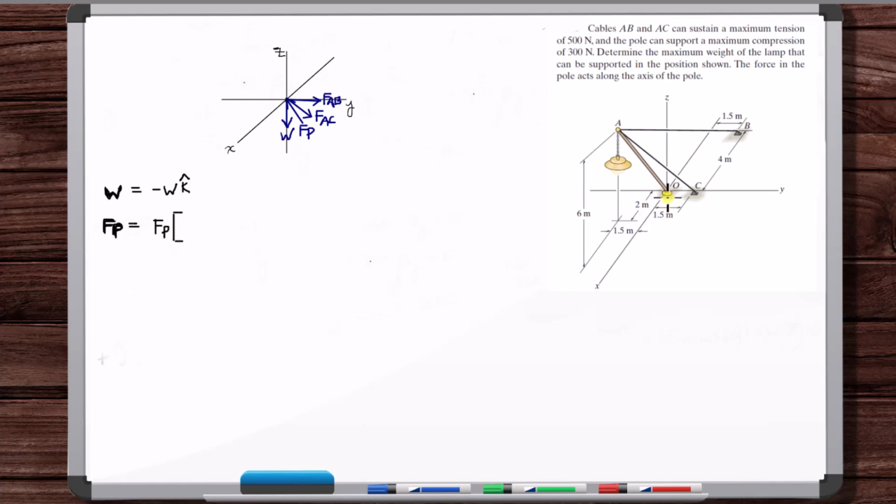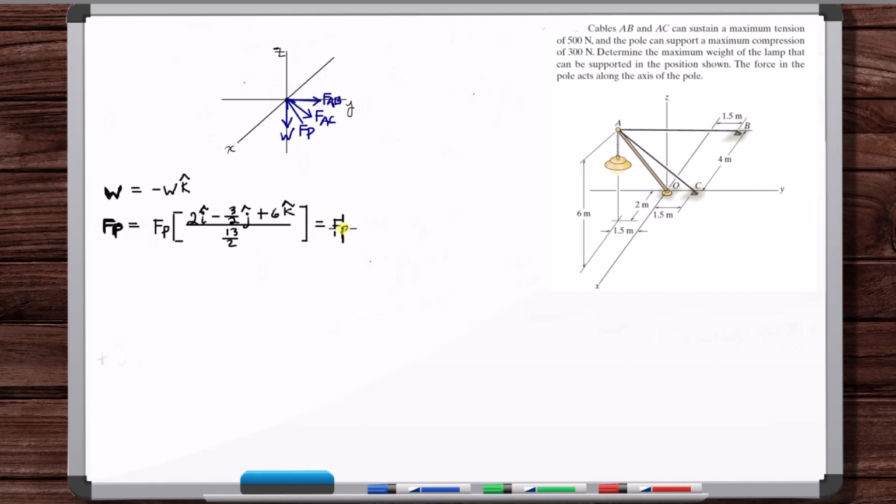And now starting at point O and going to point A, we go positive 2 in the I, minus 3/2 in the J, and then plus 6 in the K. And then if you square each of these and add them and then take the square root, you get 13/2.